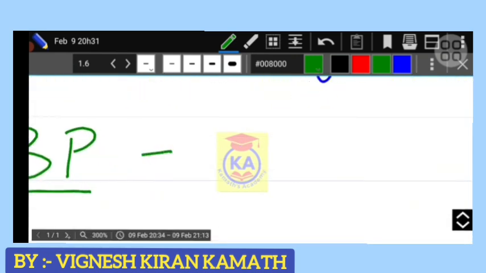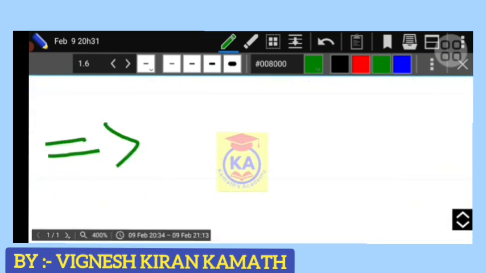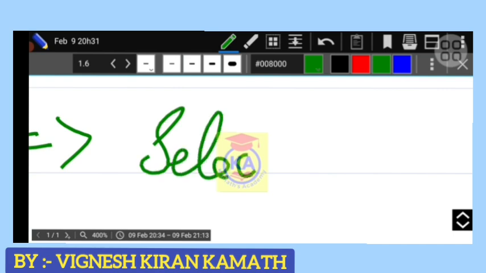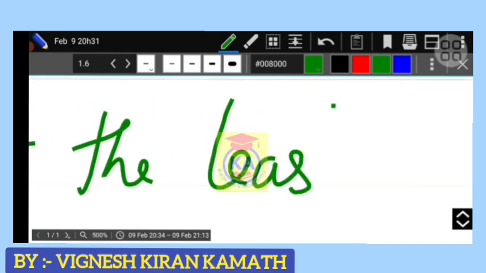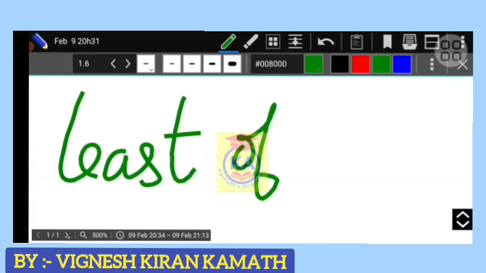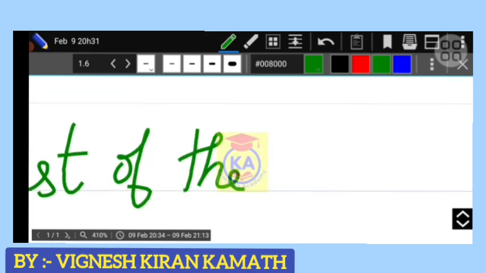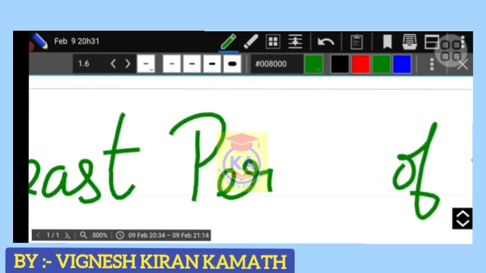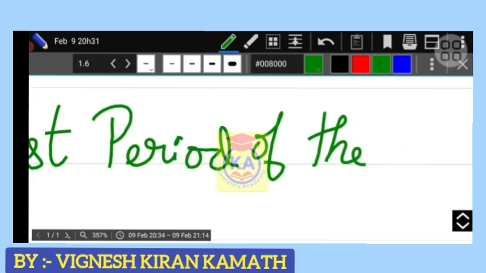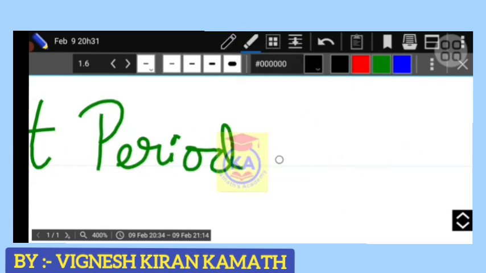You have to select the least value of payback period, the least period.